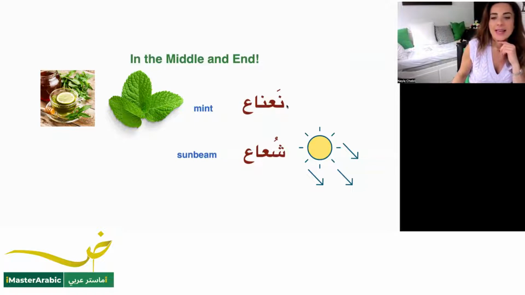It has an ayn in the middle here and an ayn at the end. Let's break it into syllables. The first syllable is na. It's very difficult. Na.